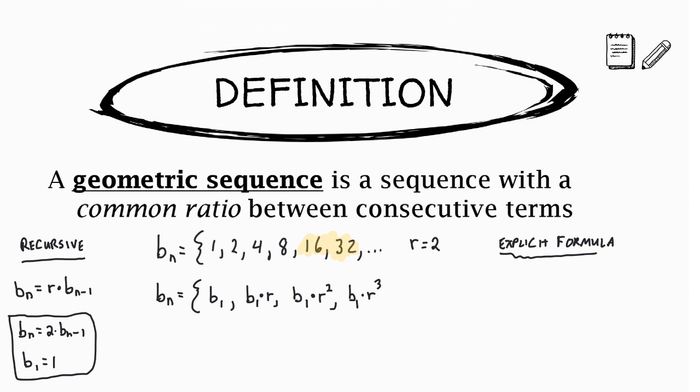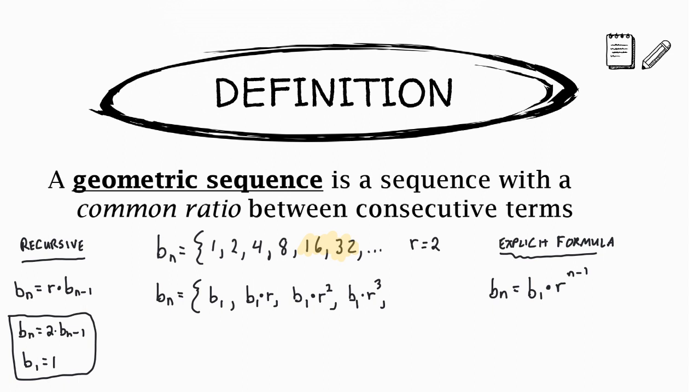So you've played this game before, and as you can now see, the nth term, according to the explicit formula, will be b sub 1, the first term, multiplied by n minus 1 copies of r. Just like we had n minus 1 copies of d added on for the arithmetic, we multiply by n minus 1 copies of r.